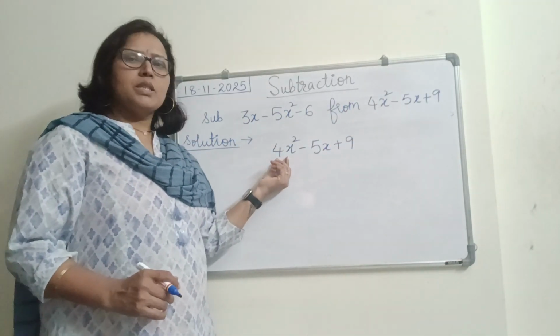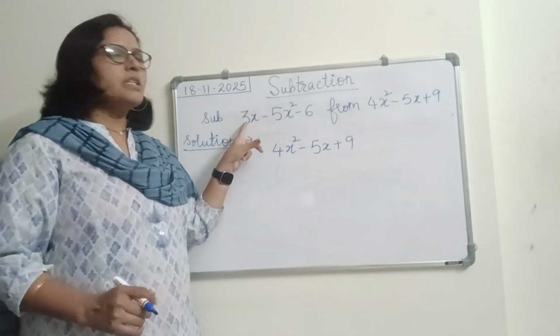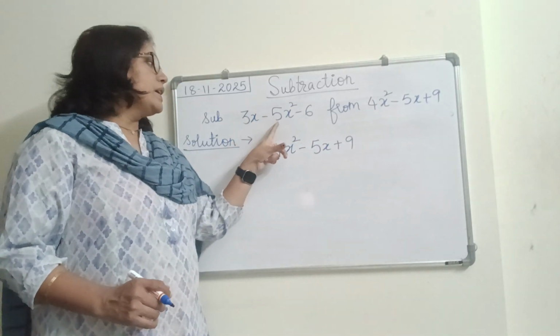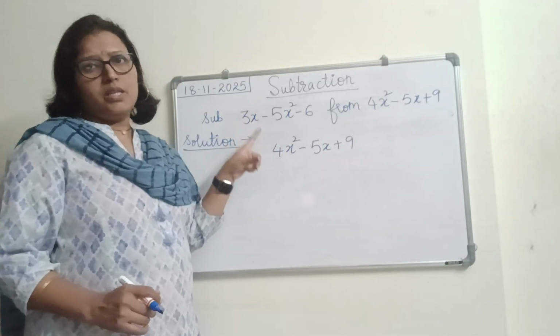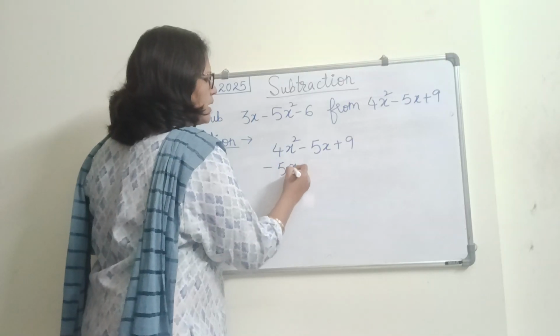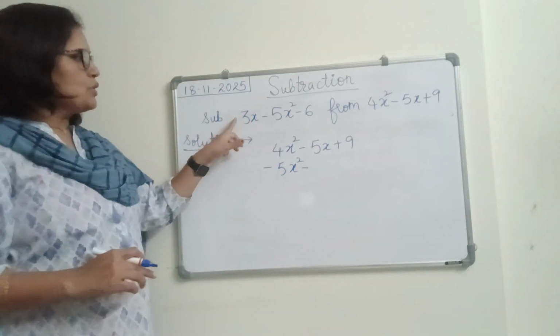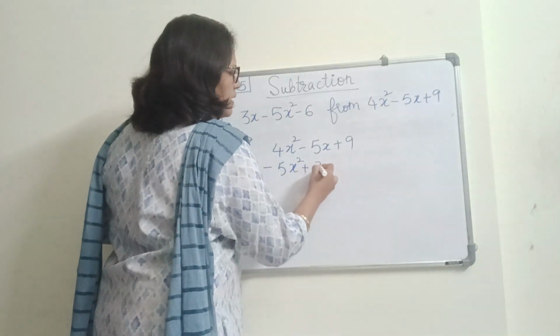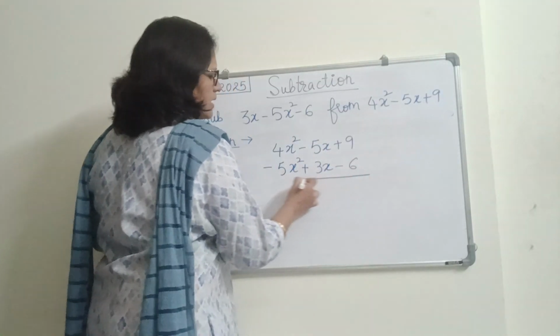Now here 4x square is there. We have to see what number will come here, because here it is 3x, but here it is 5x square. So this number along with the sign comes down: minus 5x square. Now here nothing is there, it is a plus sign, so plus 3x, and this minus constant, it is 6.